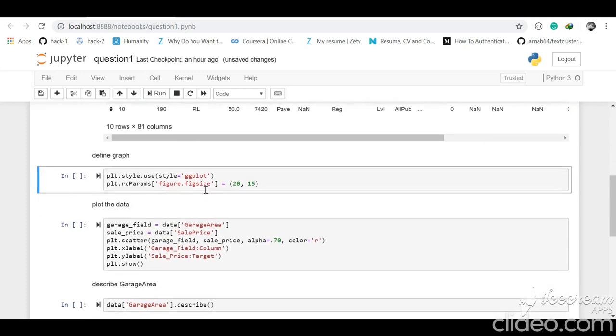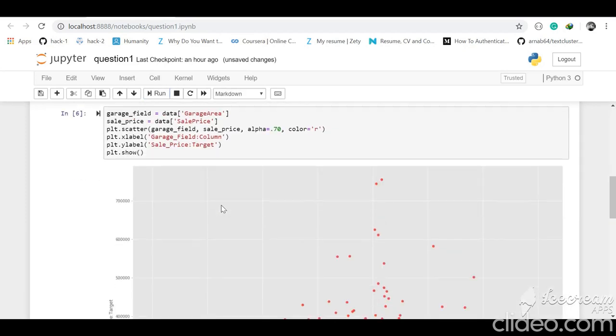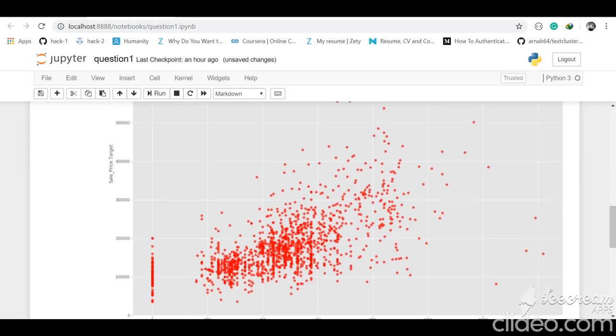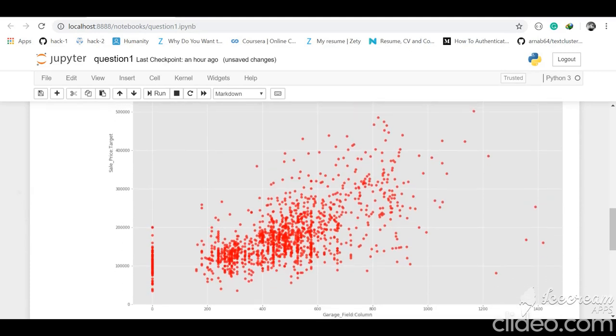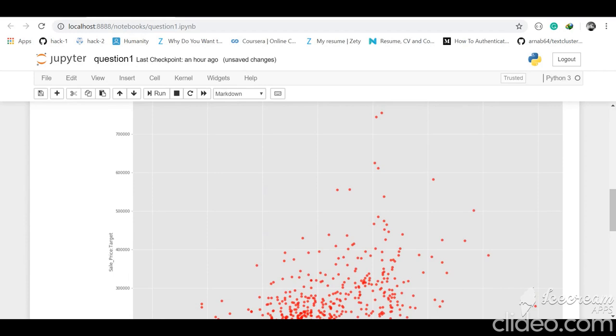We have used the style ggplot to plot the graph on the size 28x15. Here we could see the sales price, which is our target column, and the garage area. The garage area varies from 0 to more than 1400, and the sales price varies from 0 to more than 700,000.